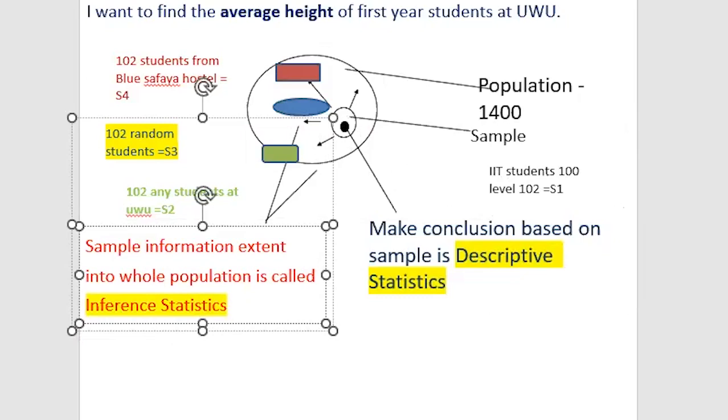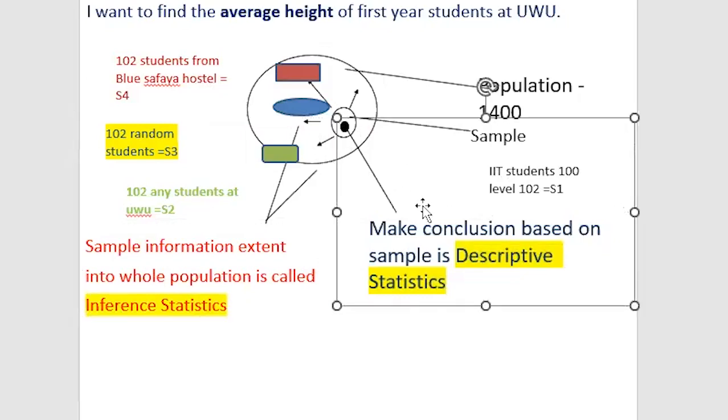If I get the decision based on the sample, that is descriptive. When it is generalized, we talk about what happened to the population. Just telling the sample information is not enough. Our interest is to talk about the population.